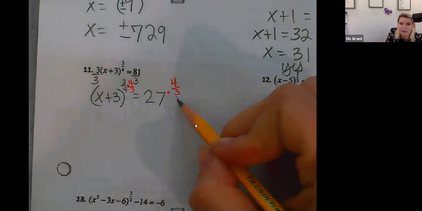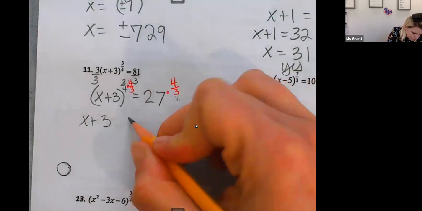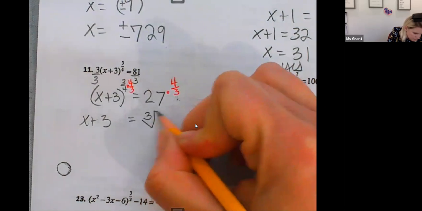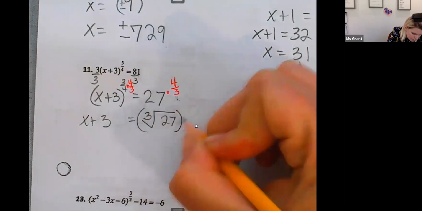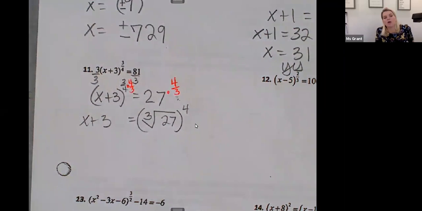Remember how the denominator is the root? x plus 3 stays the cube root of 27 to the 4th. But I'm not going to do plus or minus because, what times what times what makes 27?